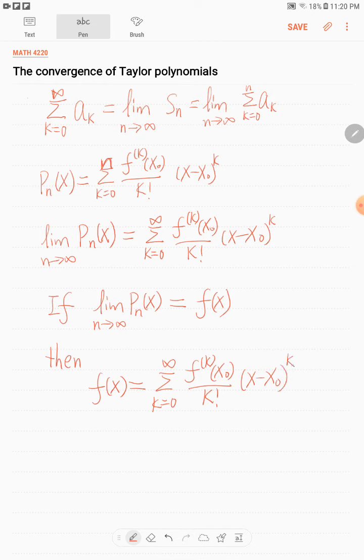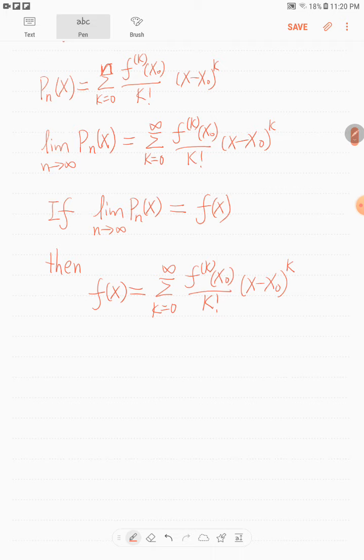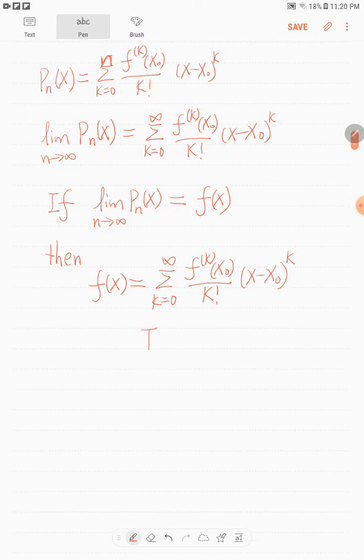Right? Then we can say this formula is given a name, which is called the Taylor series expansion. This is a series, right? This is called the Taylor series expansion.